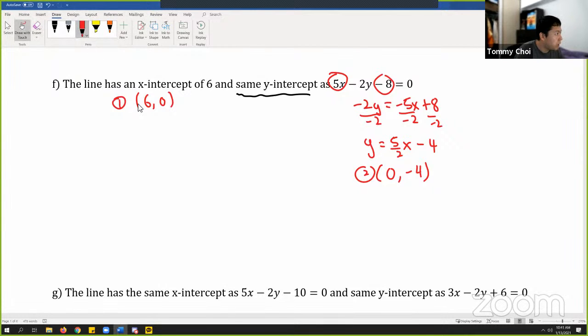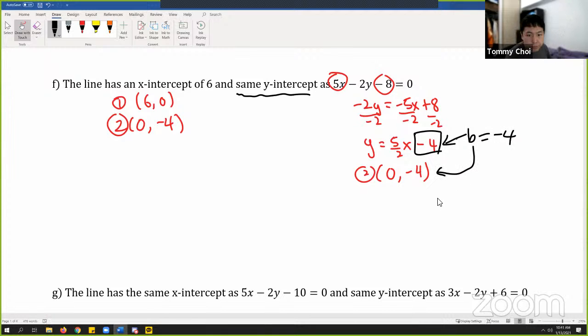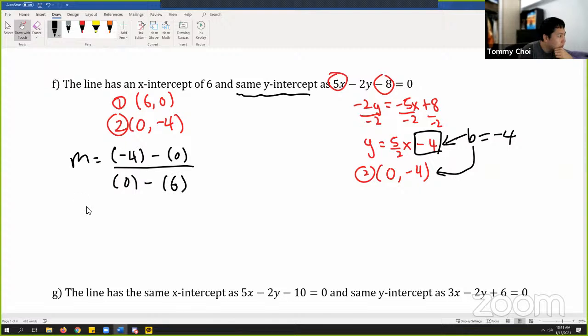Okay, so our second point here is 0, negative 4. The y-intercept for this equation is here, right? We know that this is the y-intercept because this is b. So the coordinates for that are 0, negative 4. Once we have our 2 points, we can solve for our slope: negative 4 minus 0 over 0 minus 6.